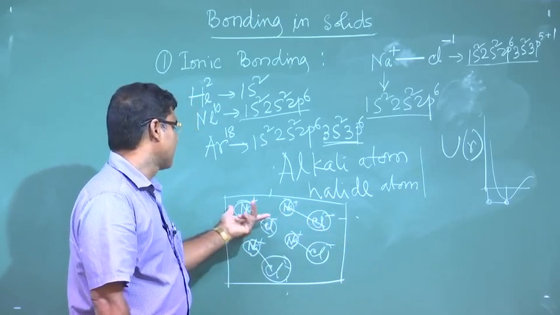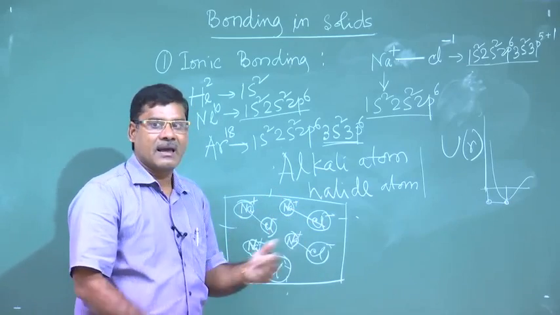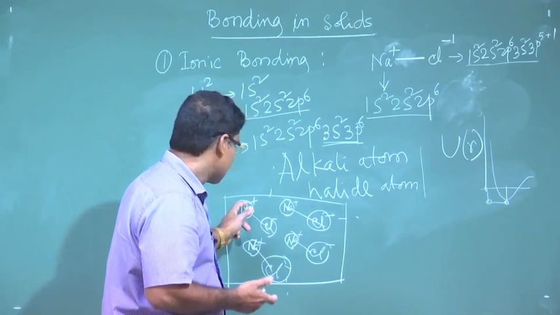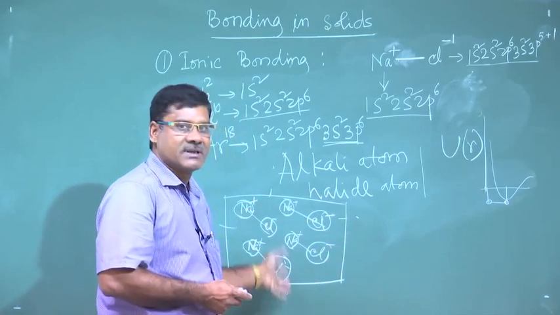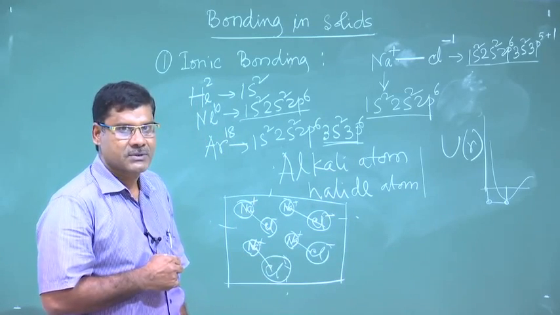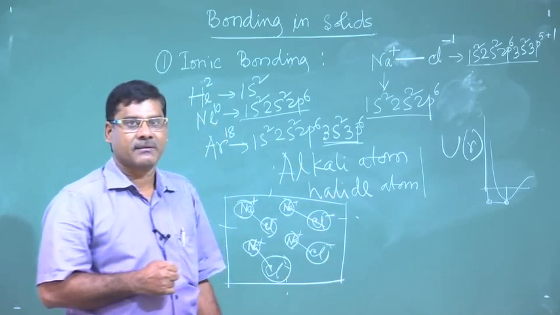So, there is repulsive force between like ions and attractive force between these opposite ions, sodium and chlorine. This is the origin of the electrostatic force which will hold the atoms in a crystal.